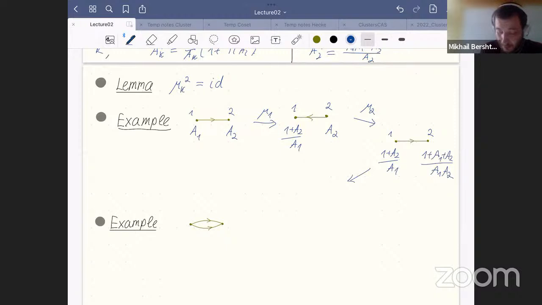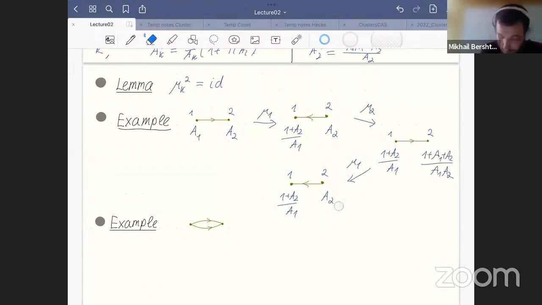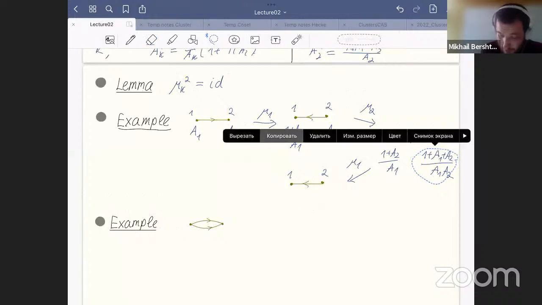Then we do one more mutation. Which mutation should we do? Mu1 and mu2 would just return us back, so mu1 here. The quiver changes orientation, and one of the variables remains the same.